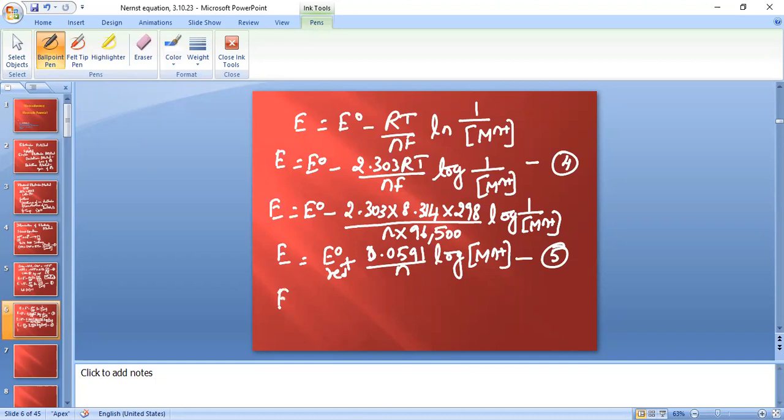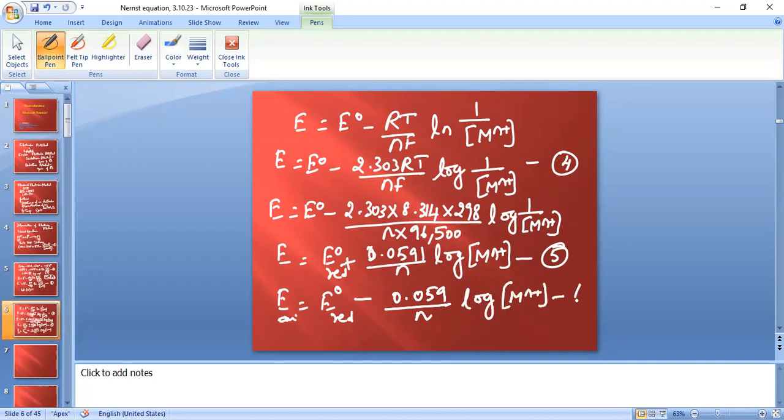Similarly, we can write E oxidation is equal to E naught reduction minus 0.059 by n log M^n+.